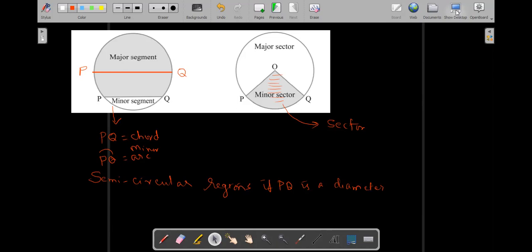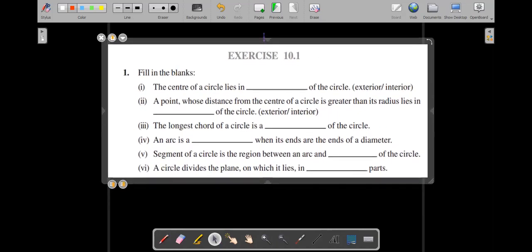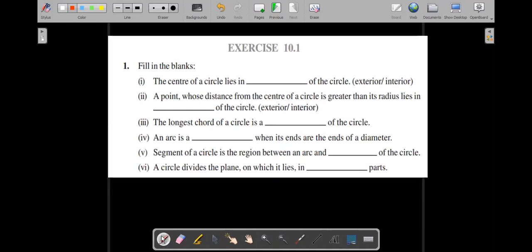Now we have fill in the blanks. Here the center of a circle lies in the exterior or interior? Interior, because it lies inside, so you can mark it in your textbook with a pencil.